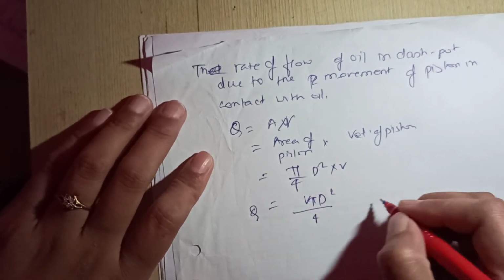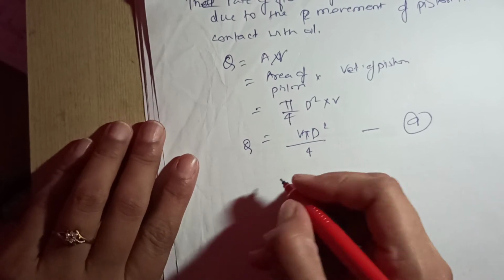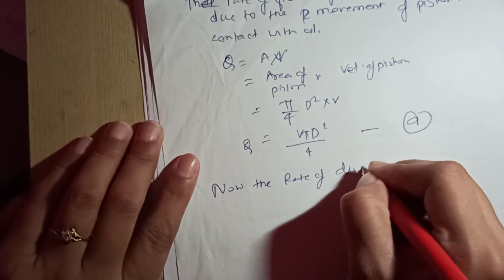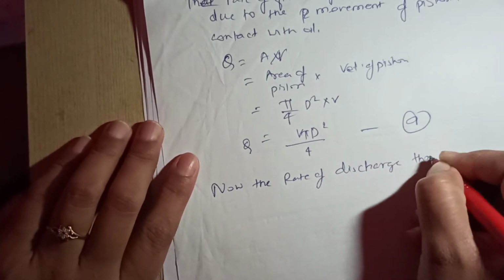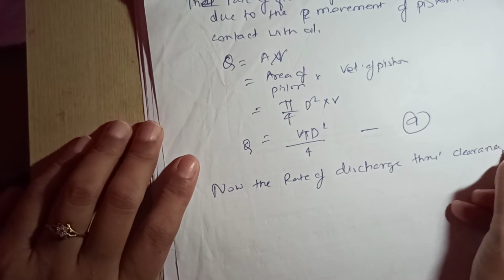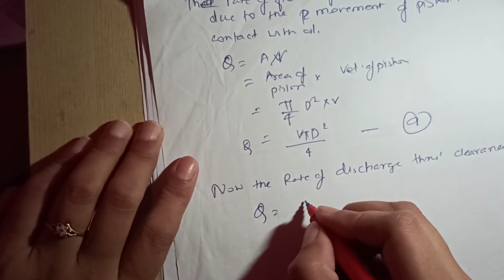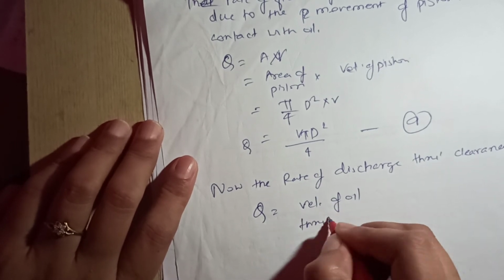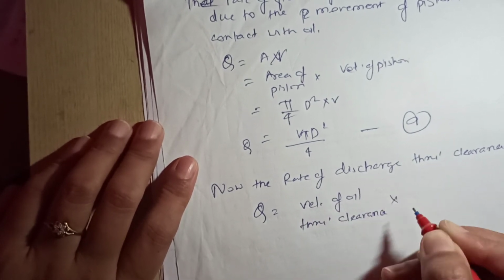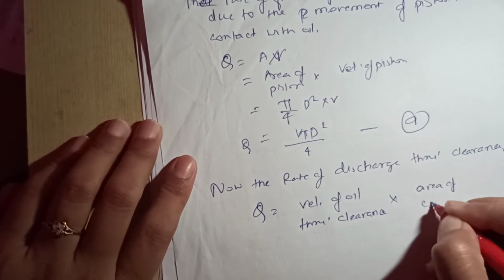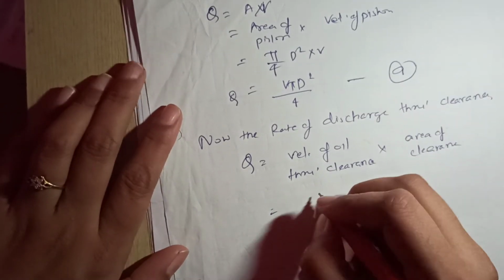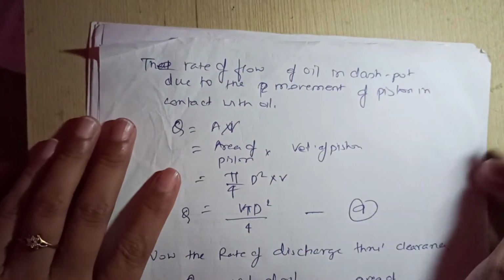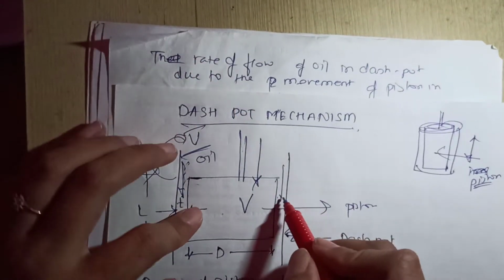This is your equation A. Now the rate of discharge of oil through the clearance is Q is equal to velocity of oil through clearance into area of clearance, so it is U bar into area of clearance.